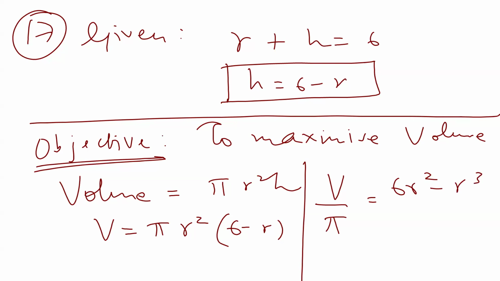So this becomes f of r, 6 r square minus r cube. Tell me, have you understood this or is it unclear? Yes, sir.